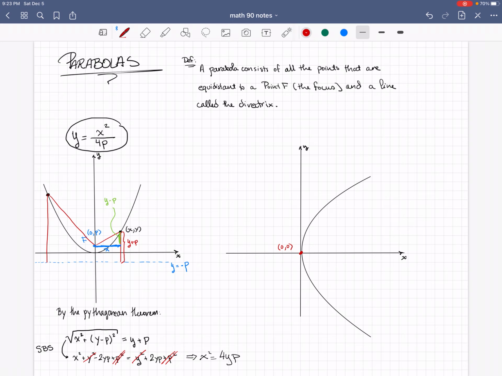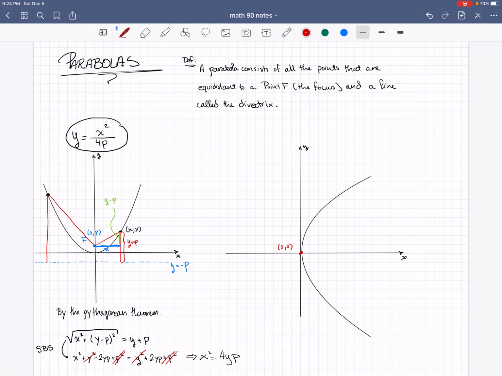So same idea, right? We know that since this is a parabola, no matter what point I pick on this parabola, there is a single point called the focus and a single line called the directrix, such that the distance between the point on the parabola and the focus is the same as the distance from the point on the parabola to the directrix.